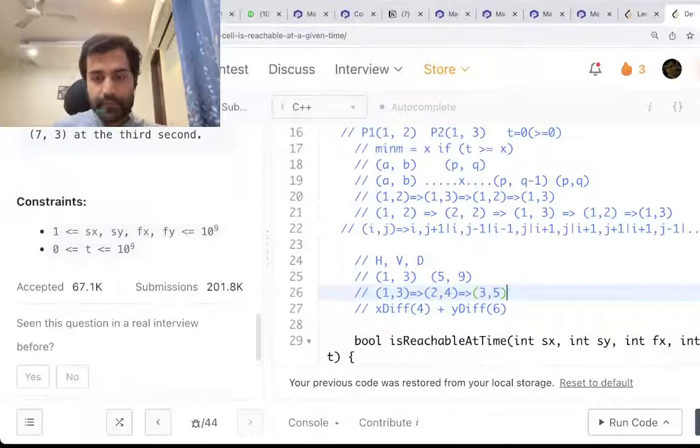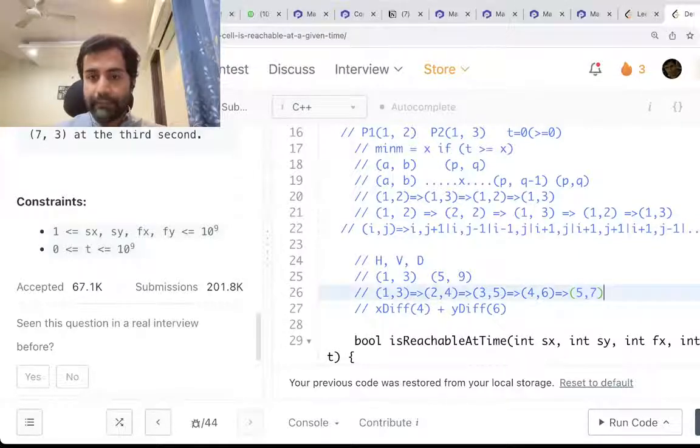And you keep moving: from (3, 5) you go to (4, 6), and from (4, 6) you go to (5, 7). This is what will happen if you are moving diagonally up. So if you are moving diagonally up from (1, 3), you will eventually reach (5, 7), correct?